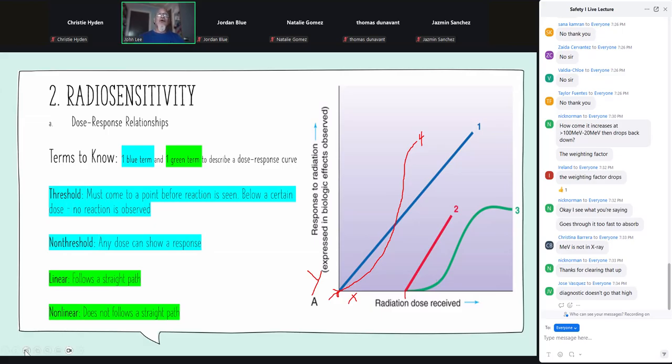And then four, the one that I added, starting at the origin, we're getting a response, but it is curved again. So it is nonlinear. That makes it a non-threshold, nonlinear dose response. Very simple. Only 4 possibilities, only 4 combinations.